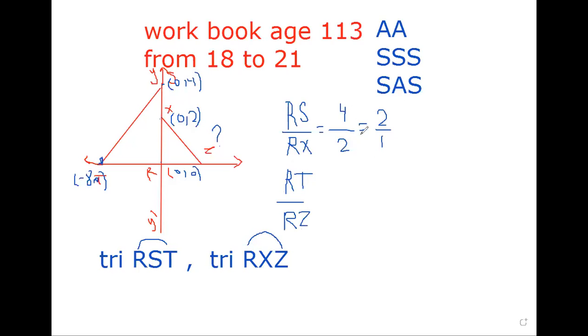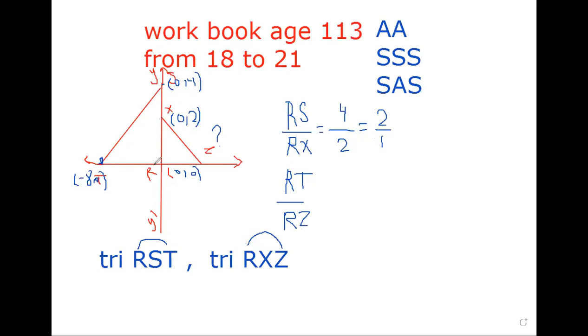We found the scale factor for the two triangles: RS over RX is 2 over 1, and RT over RZ is 2 over 1.